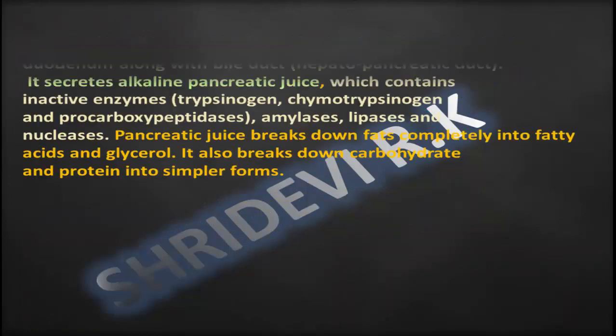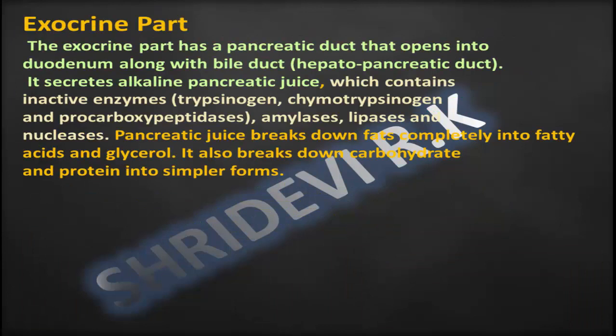Then moving to the next part. The exocrine part has the pancreatic duct, that is why it is exocrine, which opens into the duodenum along with the bile duct. They form the hepatopancreatic duct. The exocrine part of the pancreas secretes alkaline pancreatic juice.